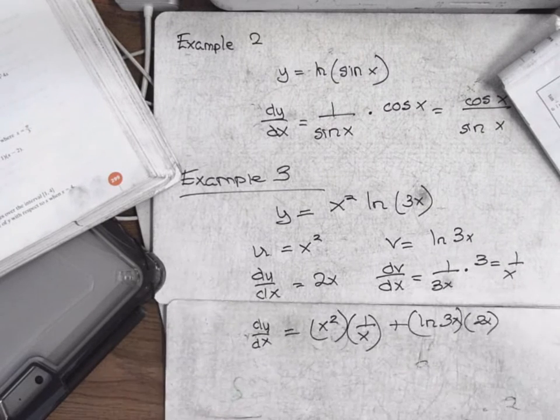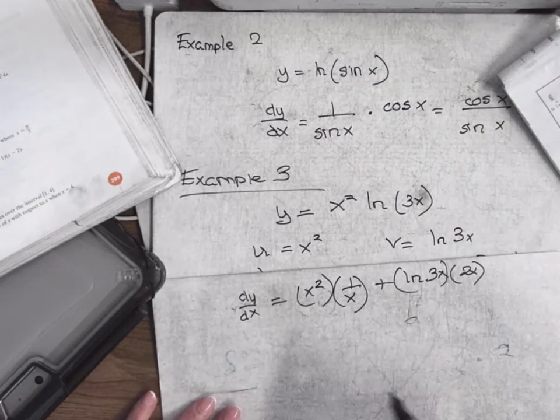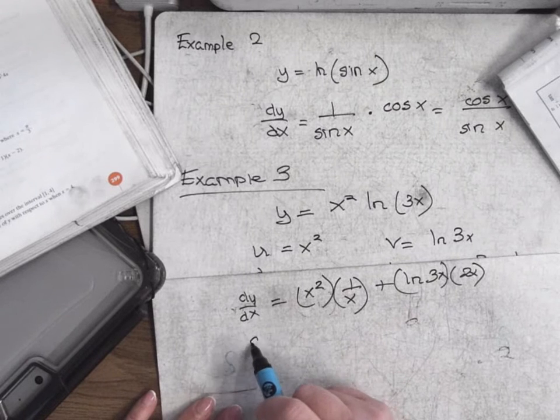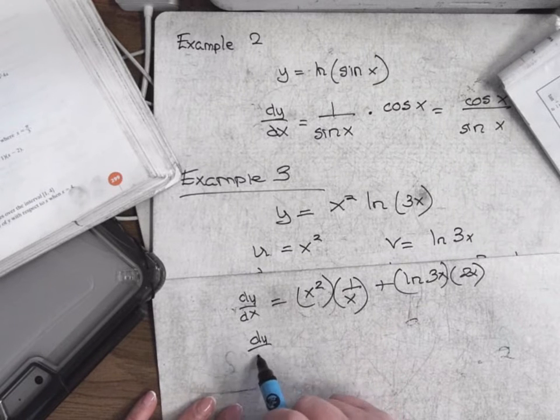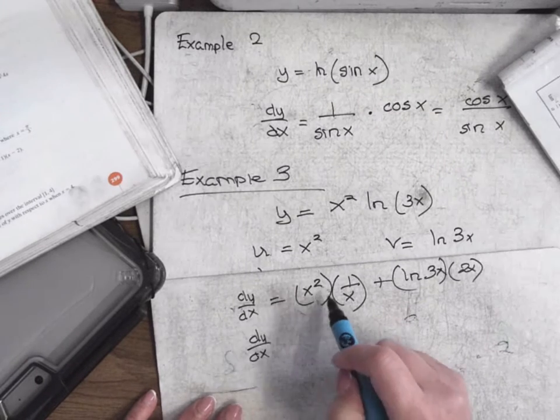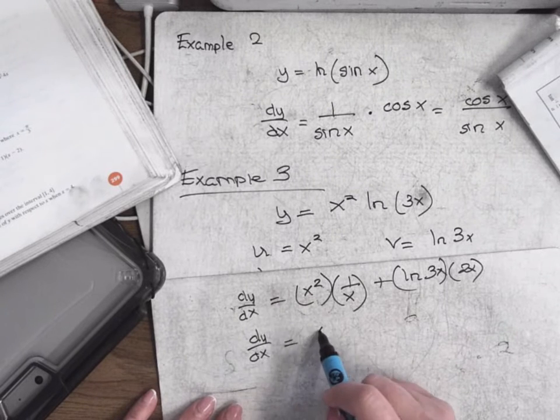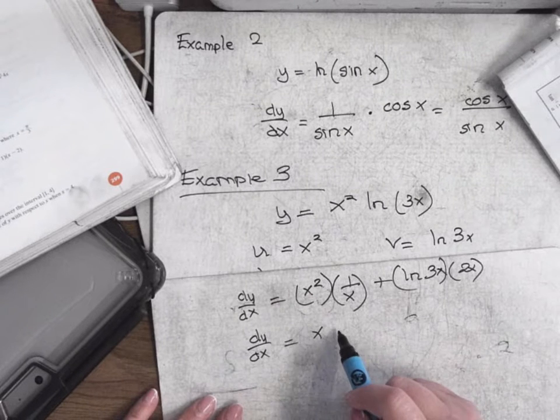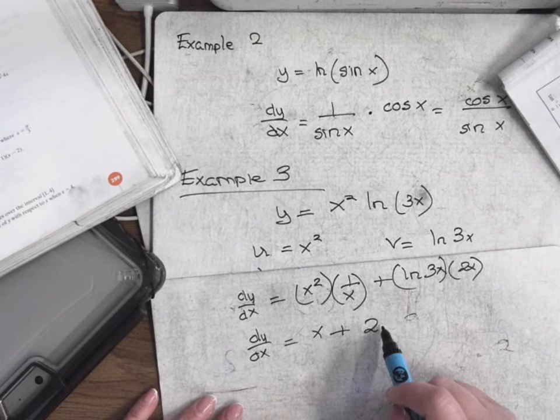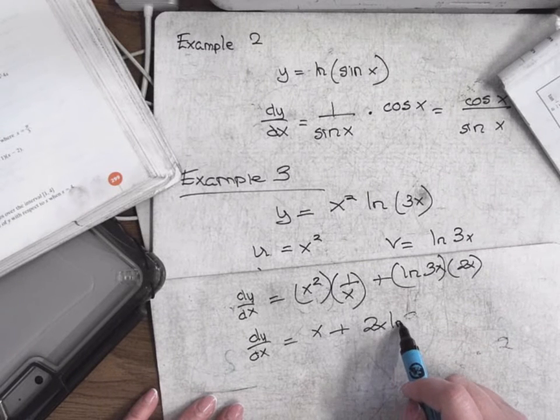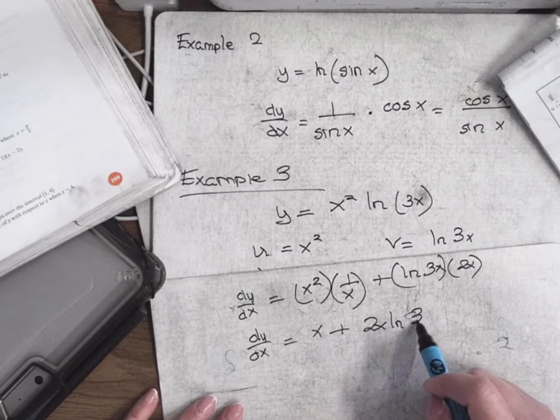You could simplify that if you want, you don't have to, but I'm spotting that there's an x squared on top, there's an x on the bottom, so one of those cancels, you're just left with x there. And here, I'll just stick the 2x before it, ln 3x.